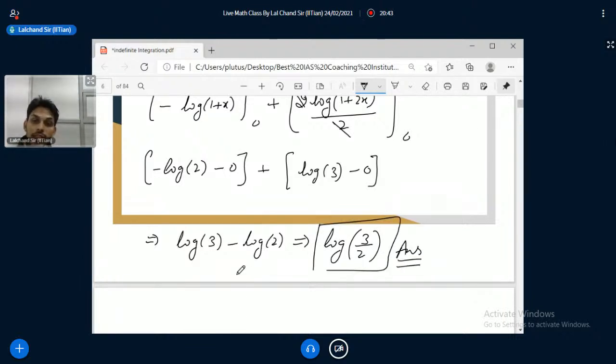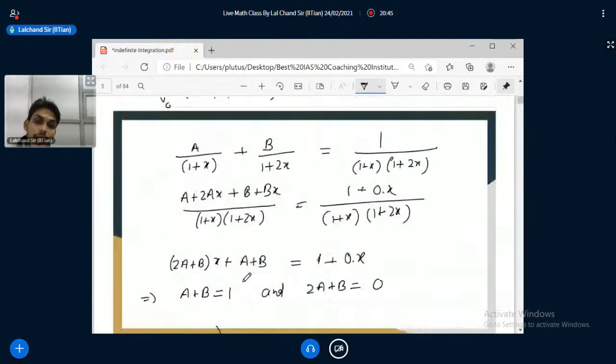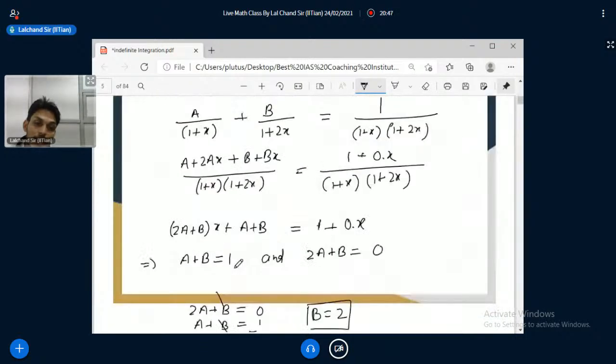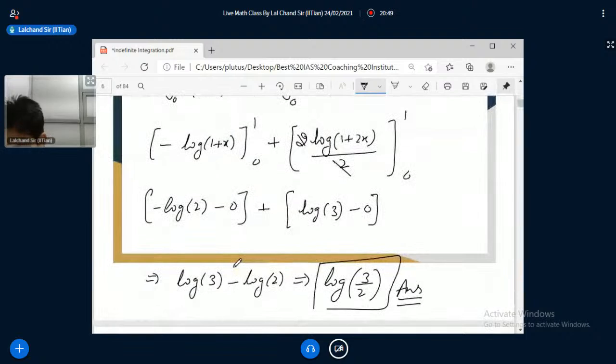Okay. So this kind of question is asked several times in JEE. Okay. So let us try to solve some more questions based on this approach.